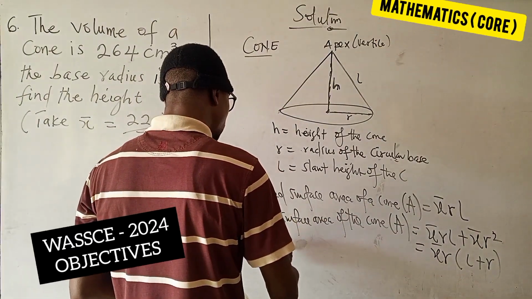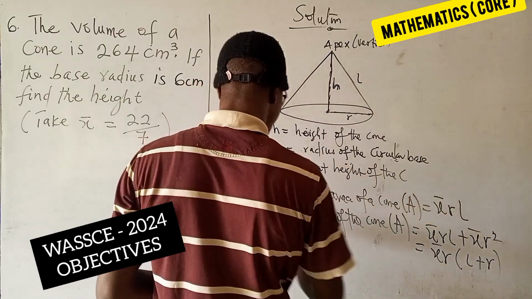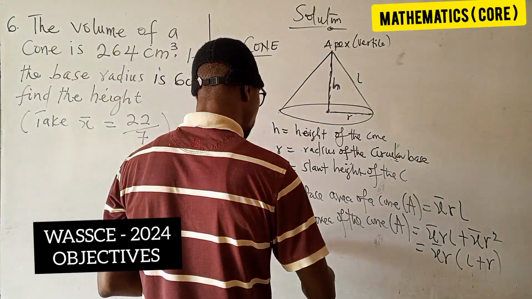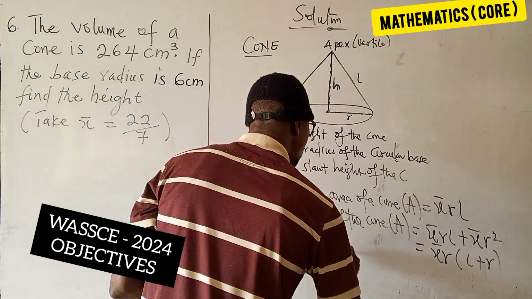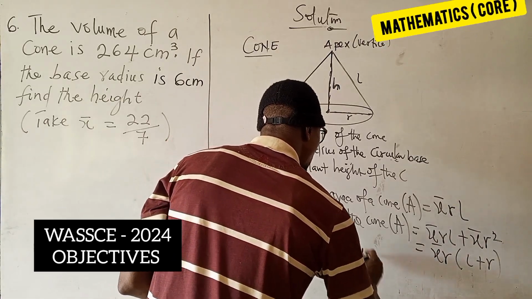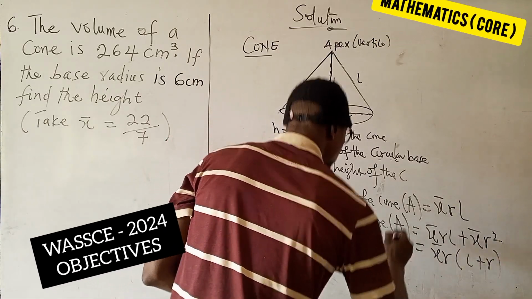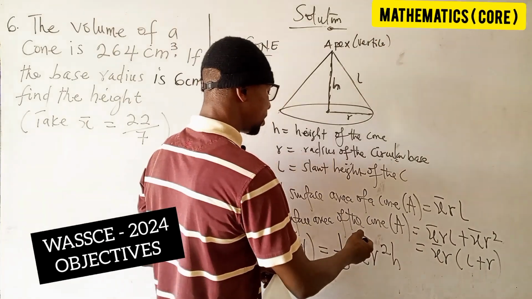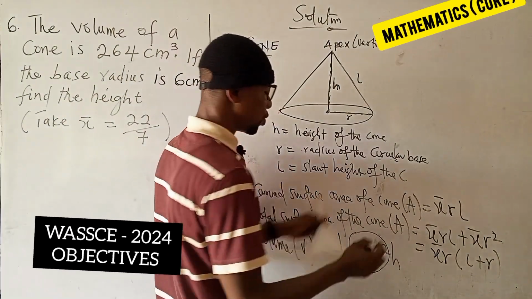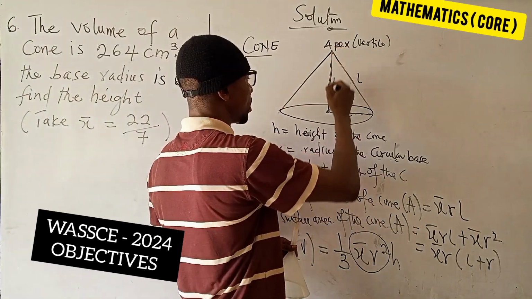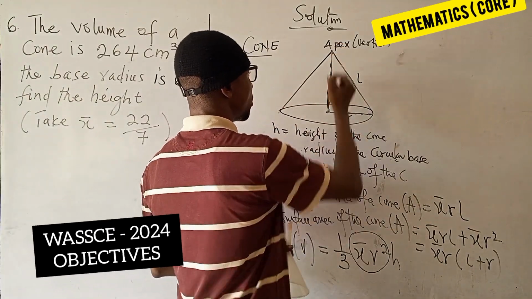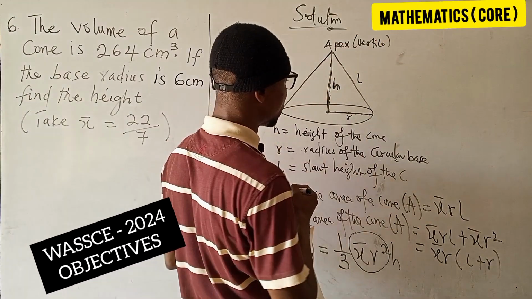You could also be asked for the volume of a cone, as stated here in the question. The volume of a cone is 1 divided by 3 pi r squared h. This is the area of the circular base multiplying the height, not the slant height.